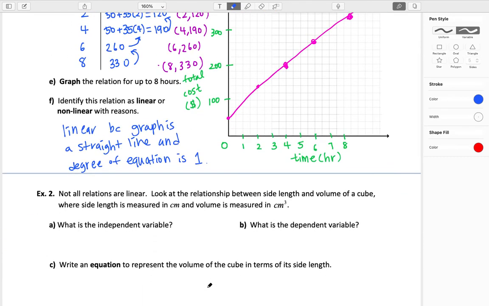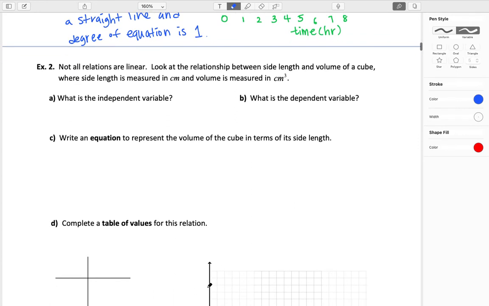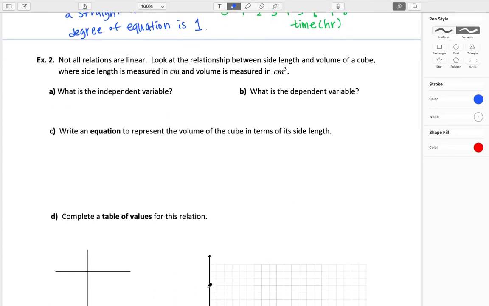Now, let's take a look at example 2. So not all relations are linear. Okay, so let's see. Look at the relationship between the side length and the volume of a cube, where side length is measured in centimeter and the volume is measured in centimeter cube. So what is the independent variable?